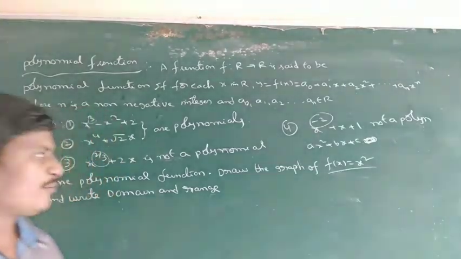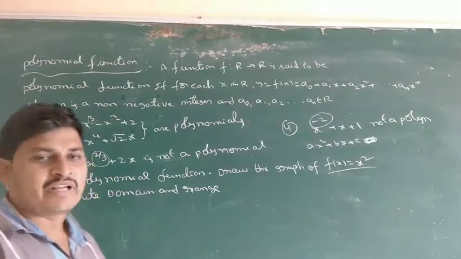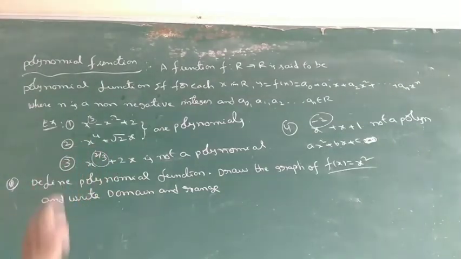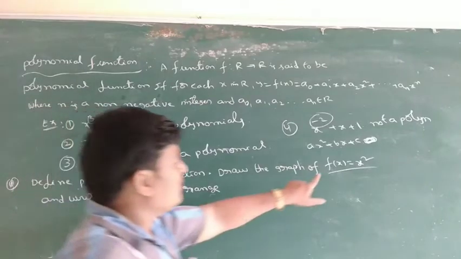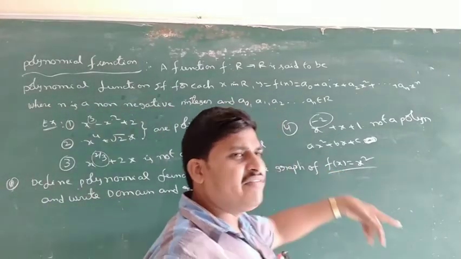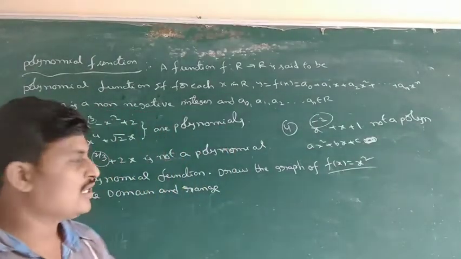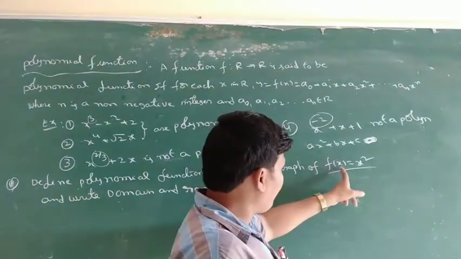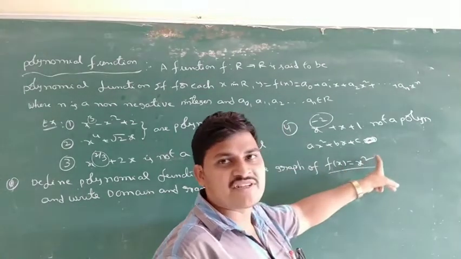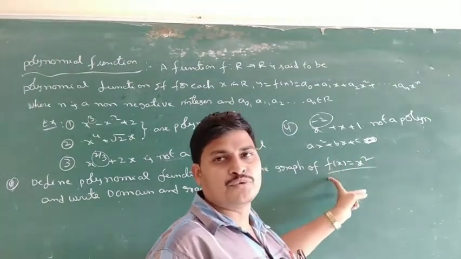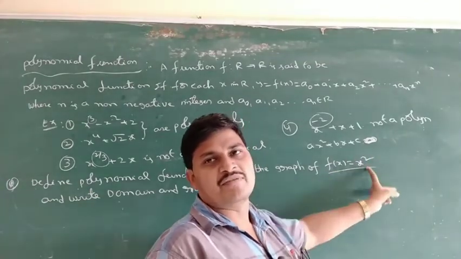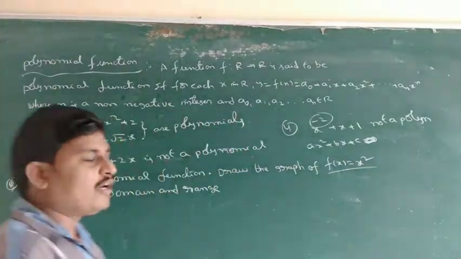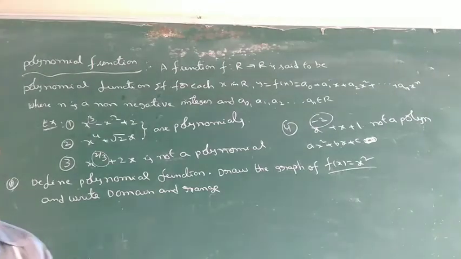This is the type of problem that will be given in our examination. So f of x is equal to x square, graph. Define polynomial. The domain is what? You can take any x value, any value means R. So domain R. Okay, range means what? f of 1 is 1 square, f of 2 is 2 square, f of 3 is 3 square, f of root 2 is root 2 whole square.